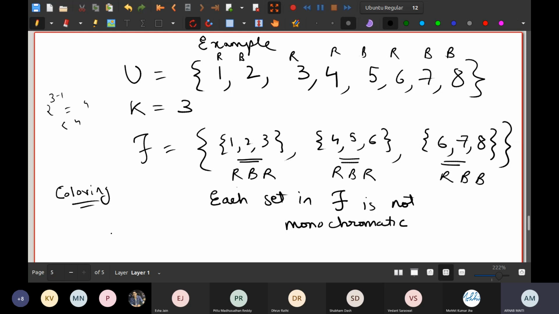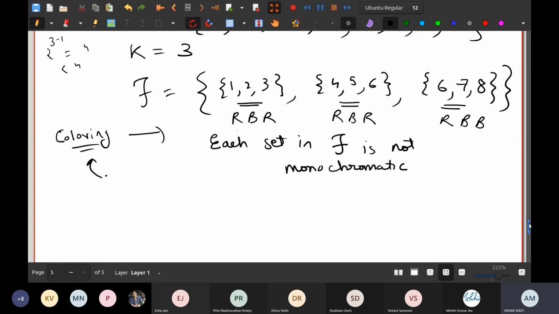So we have shown that there is a coloring. So this is the coloring. So there is a coloring such that each set will be non-monochromatic.